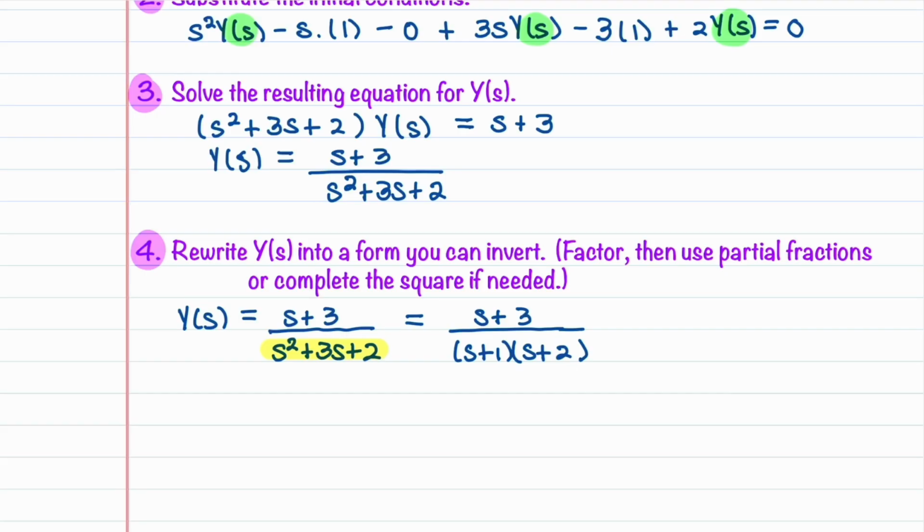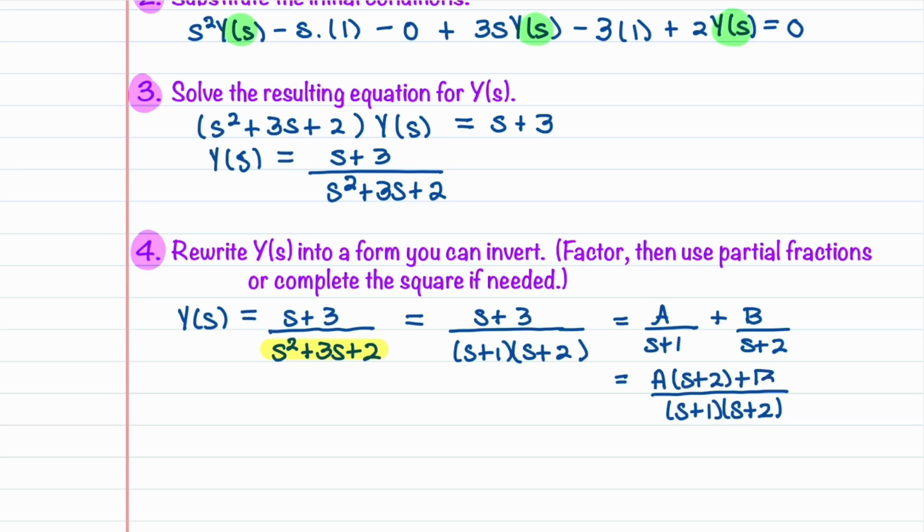To do this, we're going to use partial fractions. We're going to write this as A divided by s plus 1, plus B divided by s plus 2. We're then going to recombine the denominator, and we'll write it as s plus 1 times s plus 2, and then our numerator becomes A times s plus 2 plus B times s plus 1.